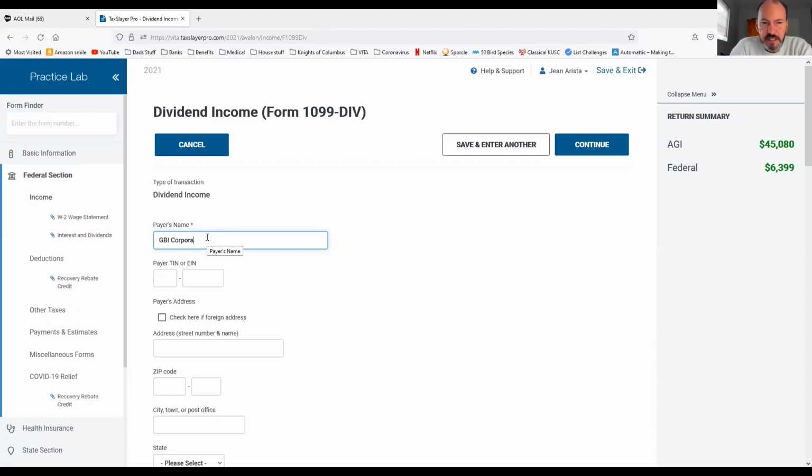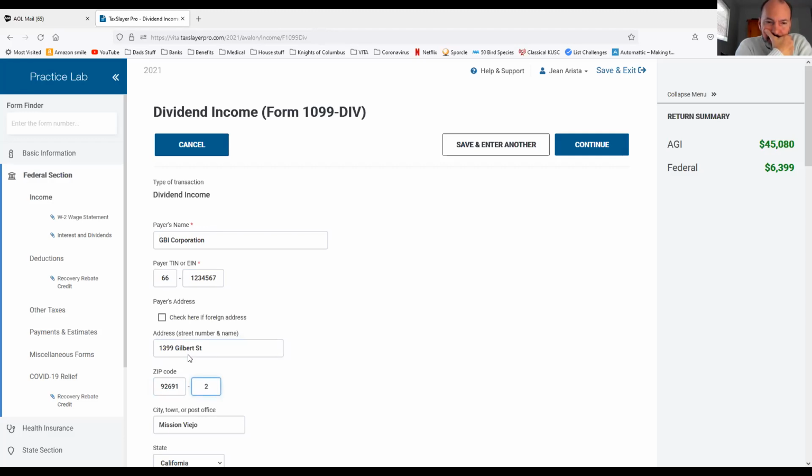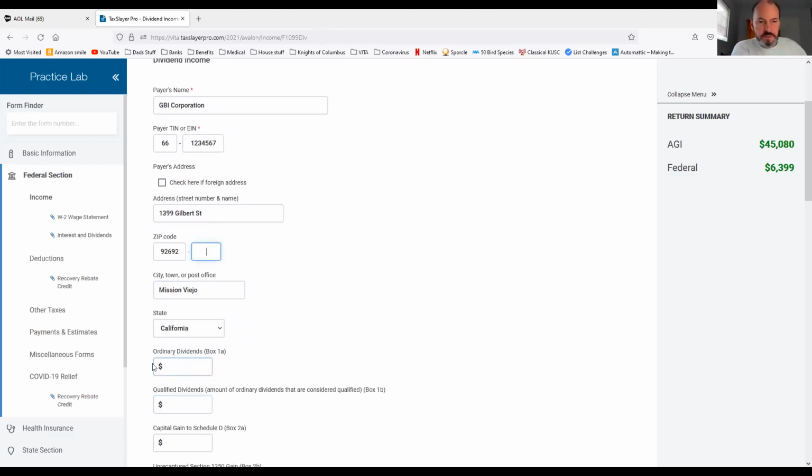So you want to key it as you see it on the 1099-DIV. And the total on that was $10 ordinary.